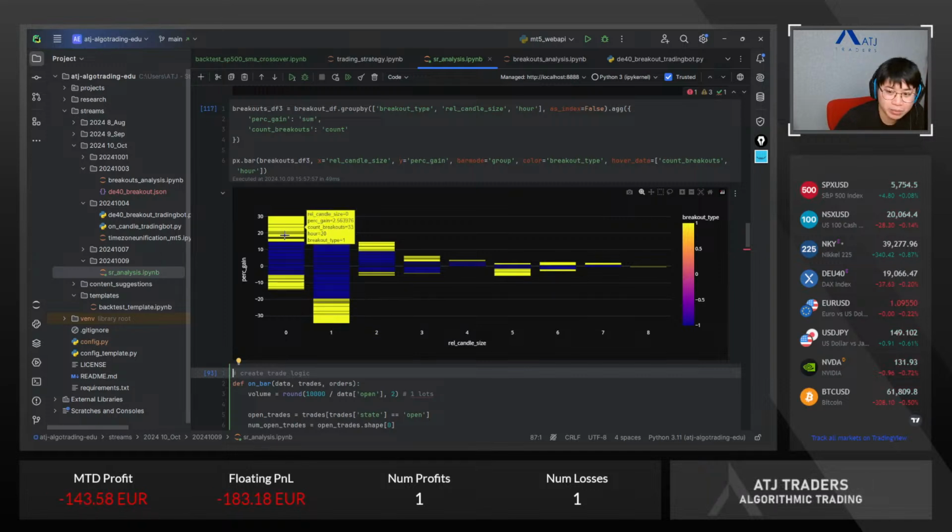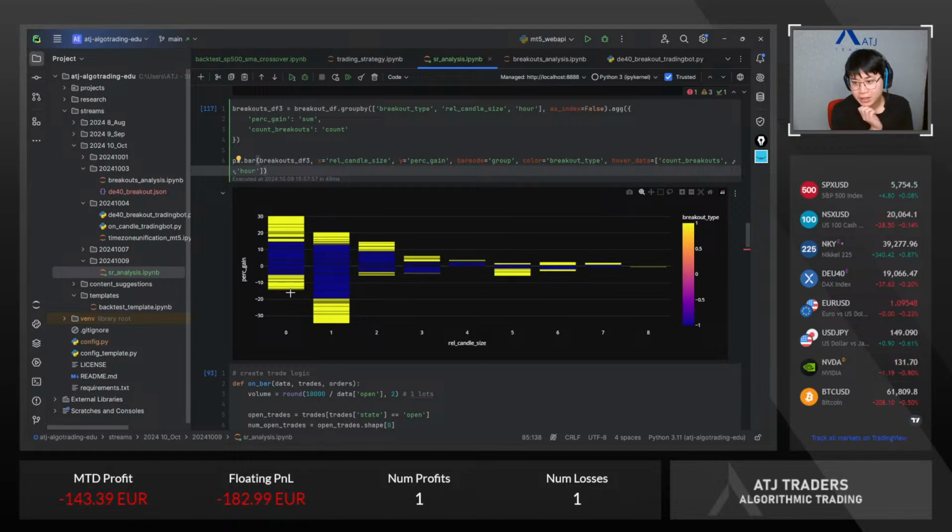So this is like a multi-dimensional analysis now, and it's getting quite difficult. Once you have more than two parameters that you're testing, it can get very difficult. And I think this is where you mentioned machine learning.